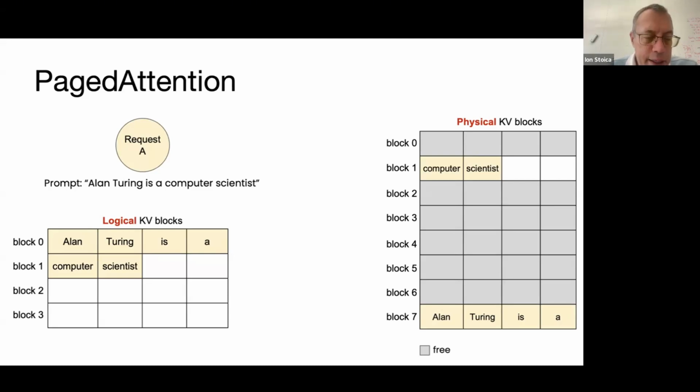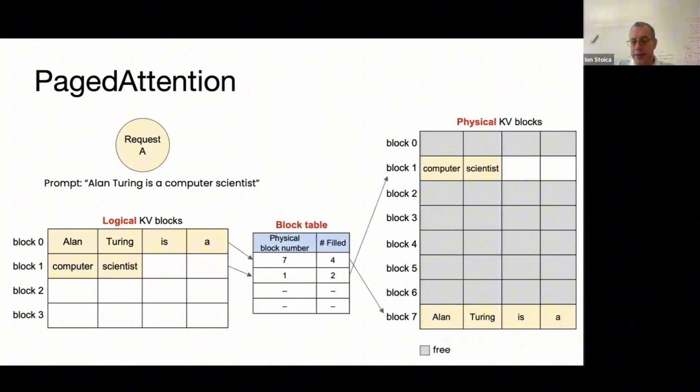So as you can see again, the left-hand side is contiguous. The right-hand side is not contiguous. These are physical memory KV blocks. So block 0 from the logical memory is stored as block 7 in the physical memory. And then block 1 is stored as block 1, in both physical and logical memory. So how do you map them?